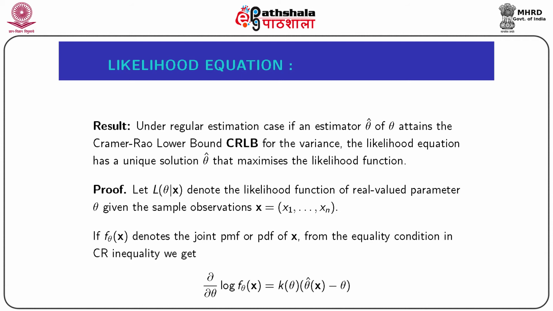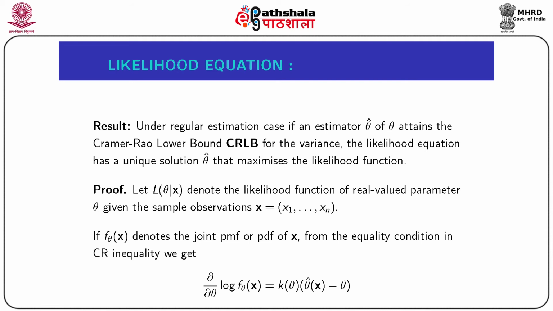Now this expression says that theta hat is the minimum variance bound estimator of theta, and as it exists according to the result, it is also the minimum variance unbiased estimator of theta.